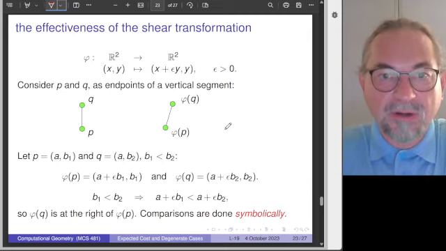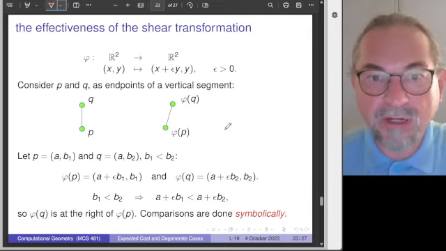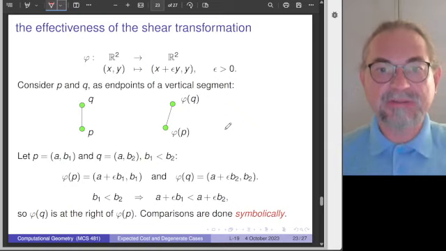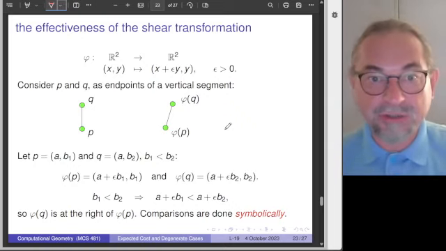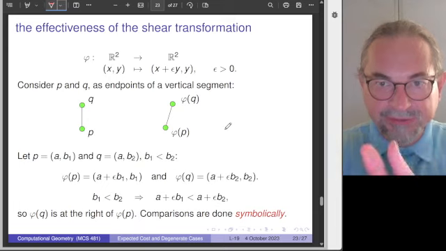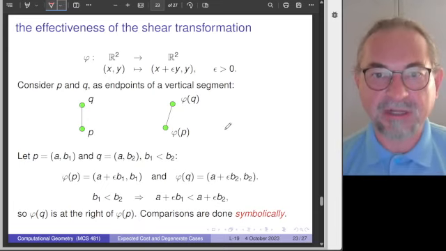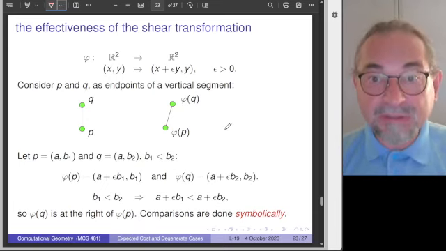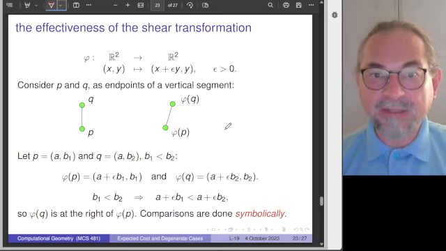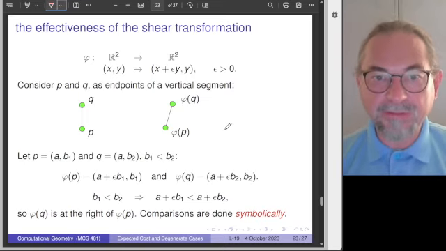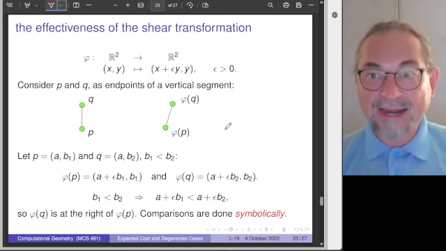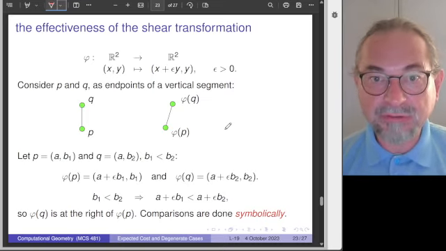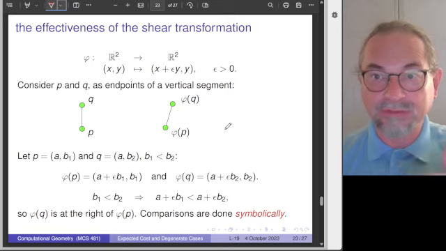So why does it work? You can see it works because the epsilon is here on the picture actually quite large. But you can see that after this transformation, the 2 points P and Q no longer have the same x coordinates because their y coordinate is different.